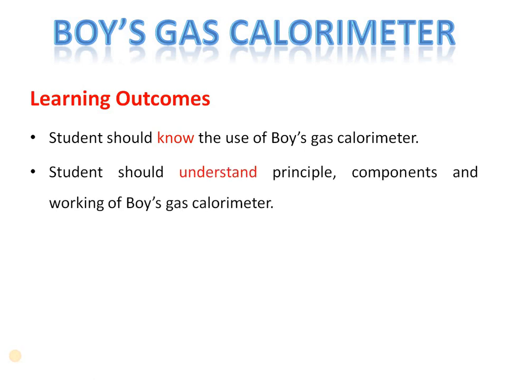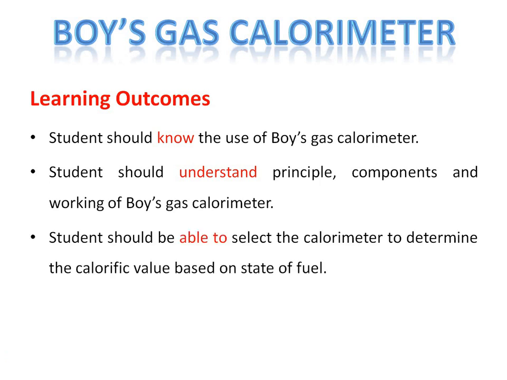Students should understand the principle, components and working of Boyle's gas calorimeter. Students should be able to select the calorimeter to determine the calorific value based on the state of fuel.